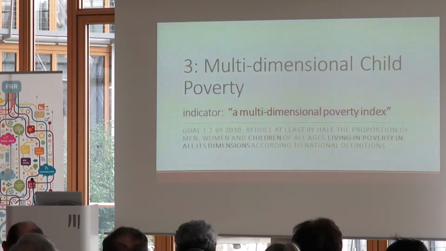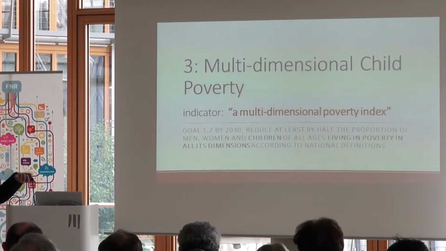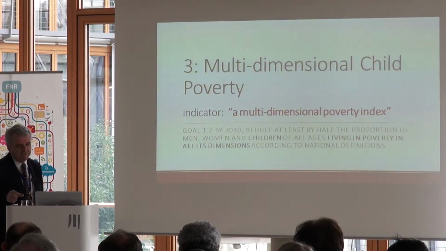So it's not committing itself to a certain approach, a certain methodology, or a certain technique. It's saying a multidimensional poverty index. And we'll have to say how many of those are children living in poverty by that nationally defined multidimensional poverty index.